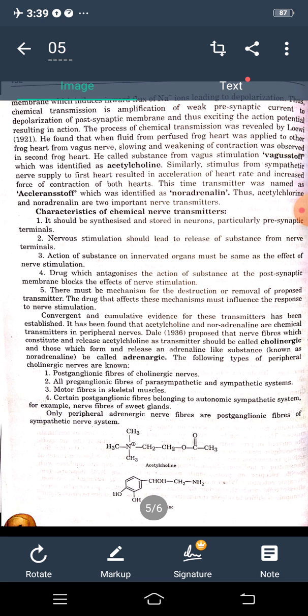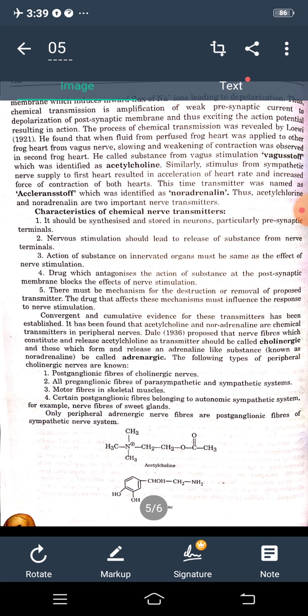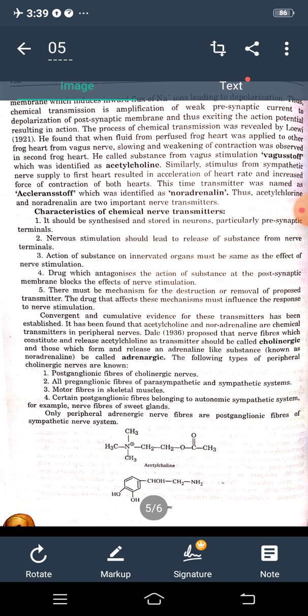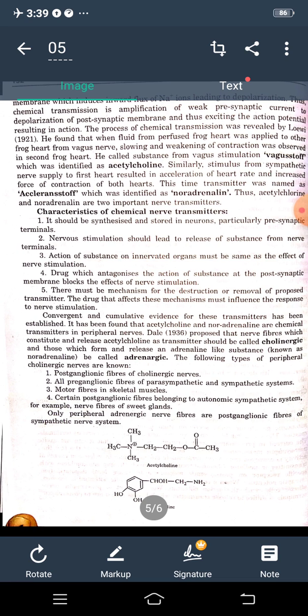There must be a mechanism for the destruction or removal of the proposed transmitter. Drugs that affect these mechanisms must influence the response to nerve stimulation. Convergent and cumulative evidence for these transmitters has been established. It has been found that acetylcholine and noradrenaline are chemical transmitters in peripheral nerves.